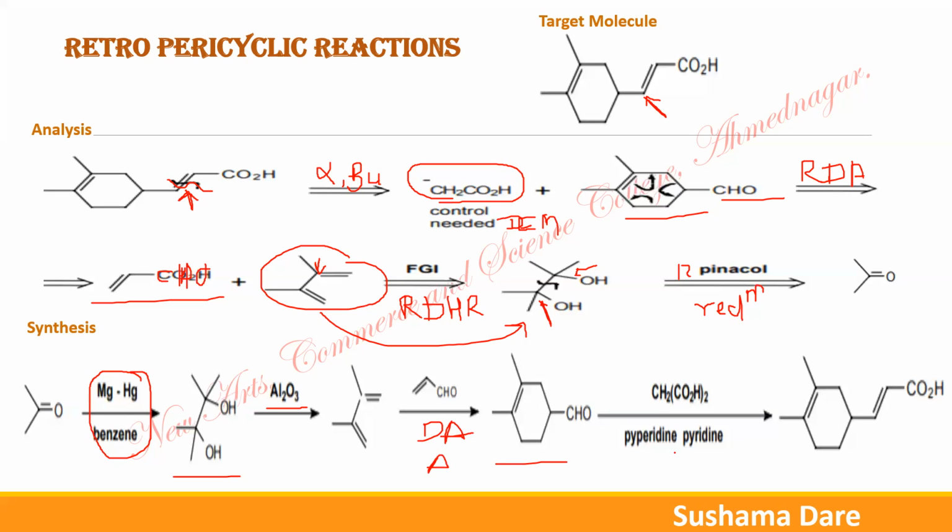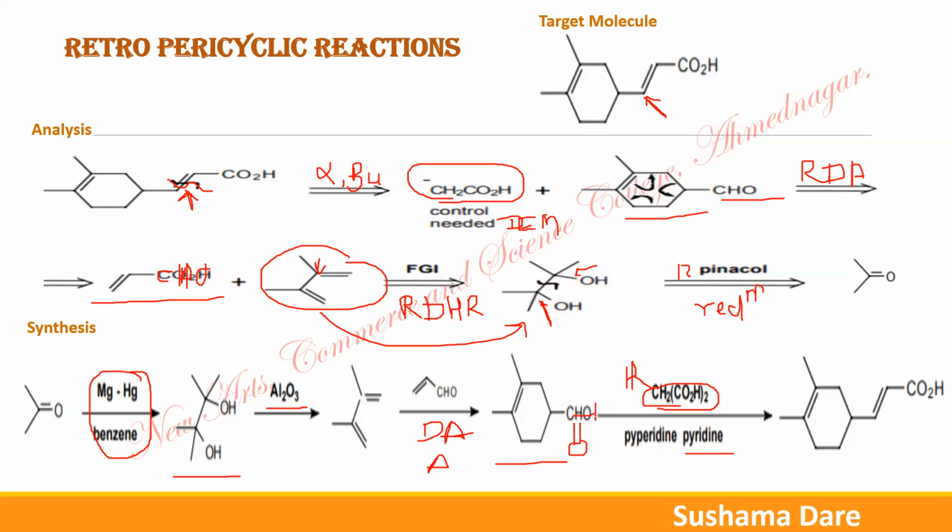After this, you treat it with diethyl malonate. This is simply malonic acid; you can also take diethyl malonate, that doesn't matter. You treat it in basic conditions. The base abstracts this acidic proton and then it attacks the carbonyl group of this.